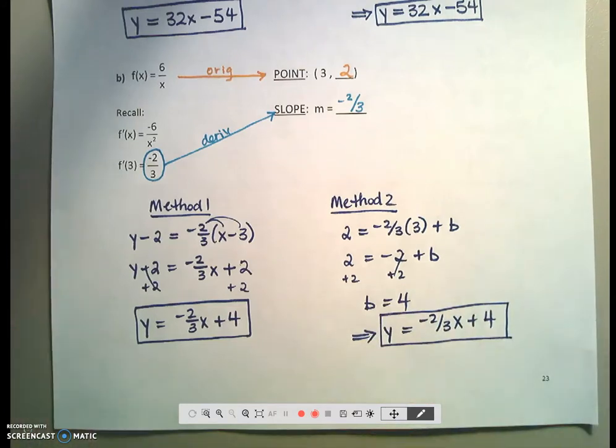You'll notice a lot of similarities in the numbers that you get because it does lead you to the same line. So that's how you're going to get the equation of the tangent line.